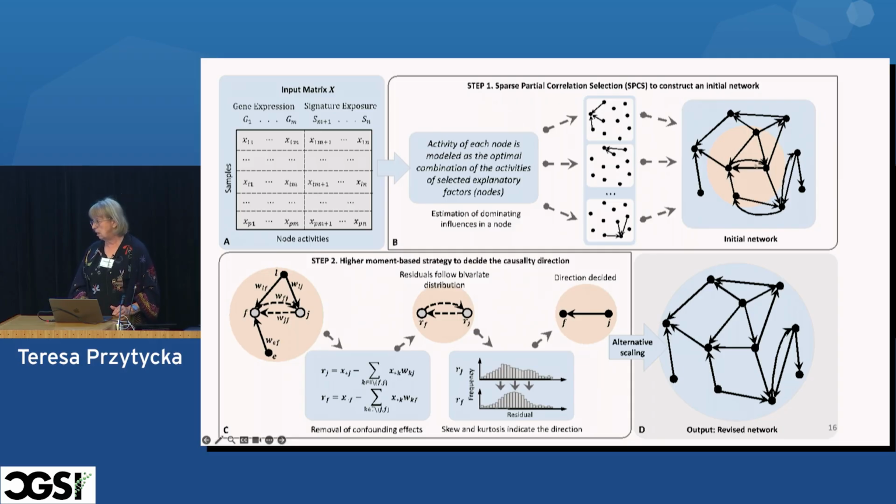So that gives us a directed graph showing the information flow between those nodes.